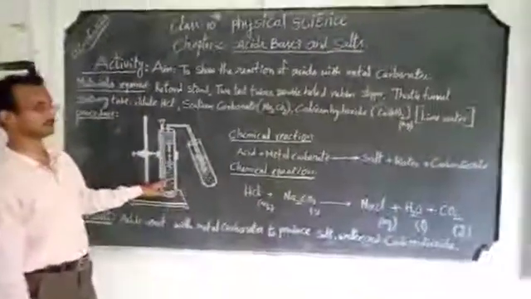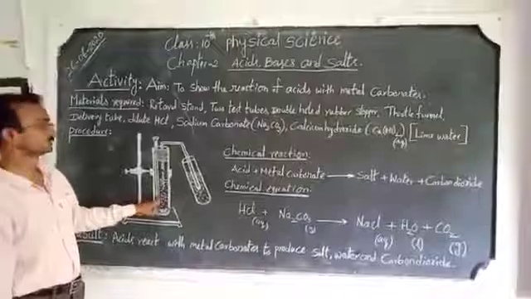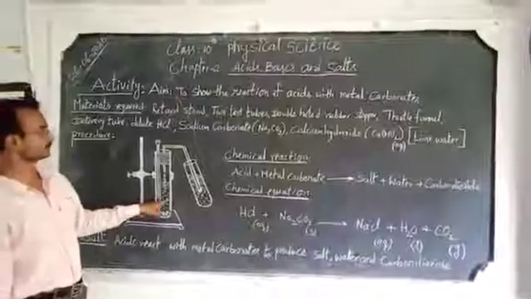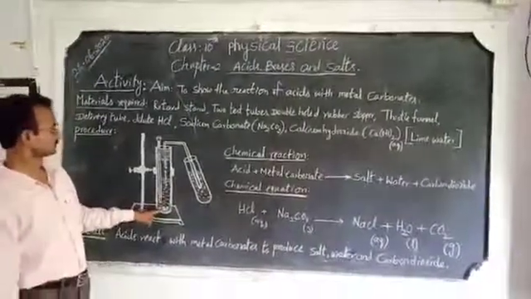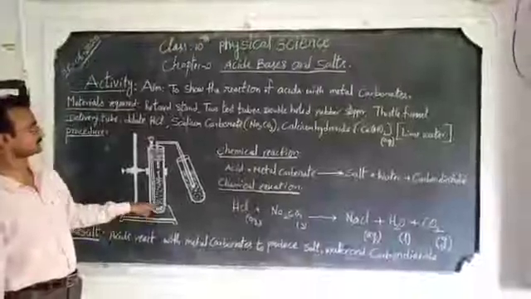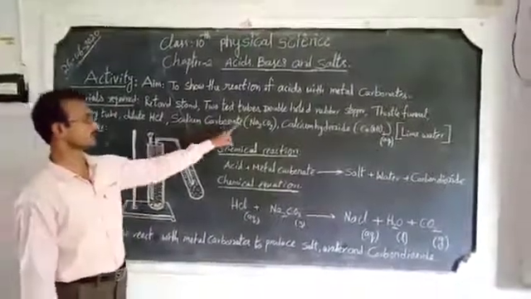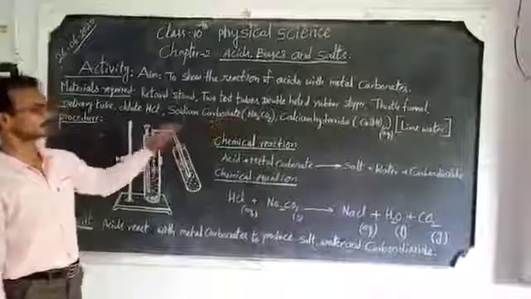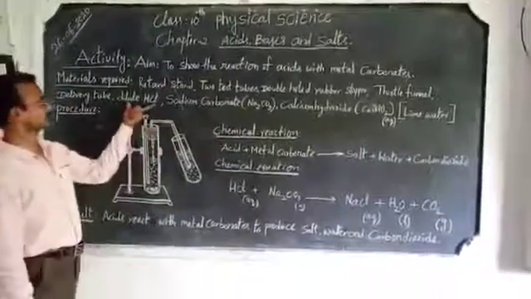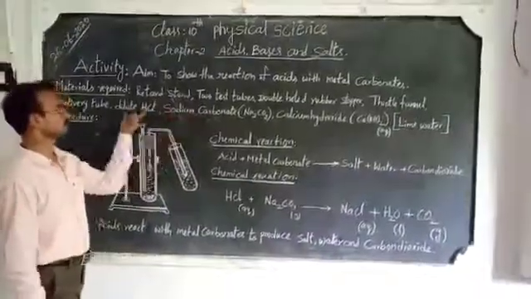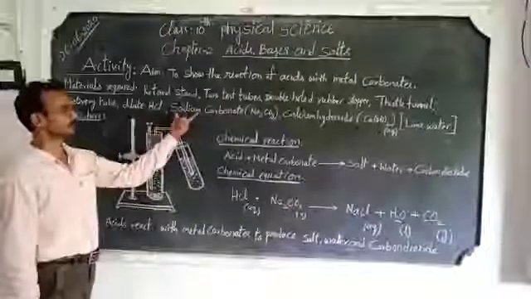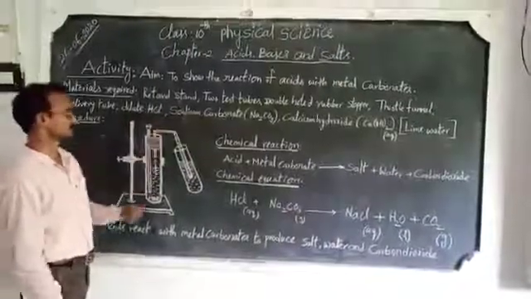Here in this solution is dilute hydrochloric acid. And the solid substance within the test tube is sodium carbonate. We need to show the reaction between dilute HCl and sodium carbonate, acid and metal carbonate. Sodium is a metal, so it is a metal carbonate. Acid and metal carbonate reaction.